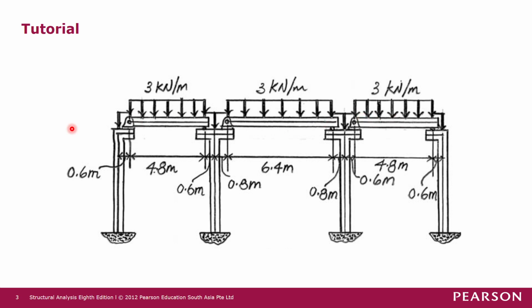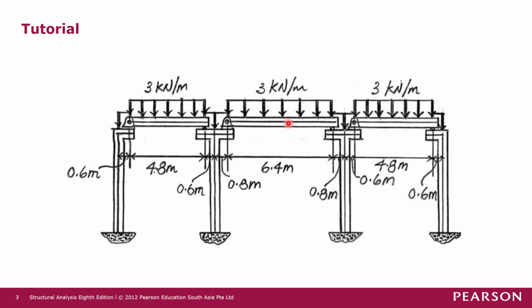Each of it is having a span of 0.8 L. So this total span is 6 meters, so 0.8 times 6 is 4.8 meters for this simply supported beam.